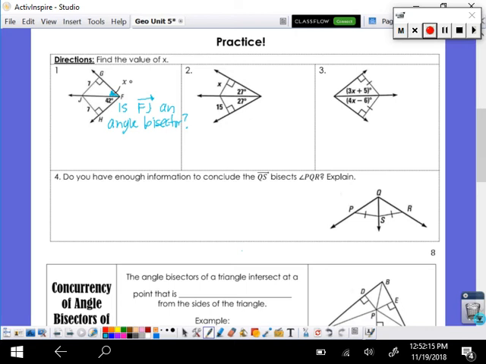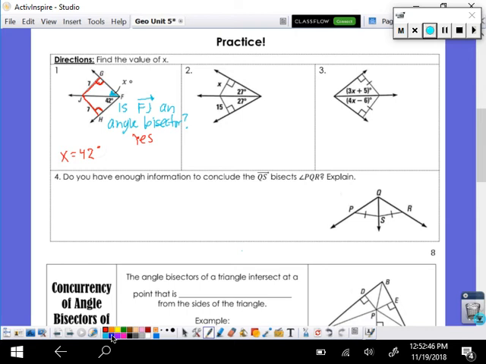Well, if ray FJ was an angle bisector, point J would be the same distance to the two edges of the angle. Okay, so from J to G is 7 and it's perpendicular. J to H is also 7 and perpendicular. Now I know that yes, FJ is an angle bisector, which means this angle down here is being split into two equal pieces, so X will equal 42 degrees.